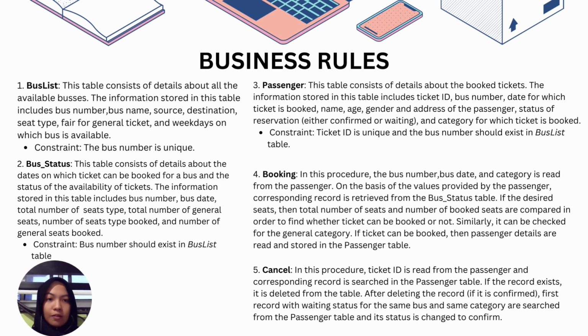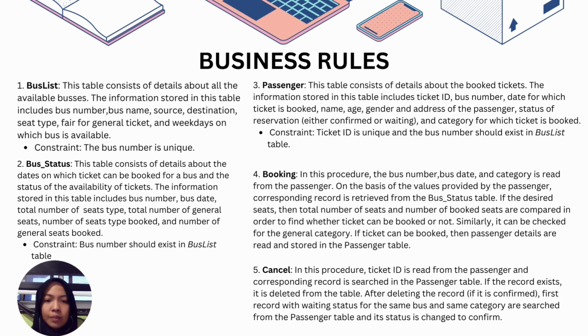The third one is passenger. The passenger table consists of details about the booked ticket. The information stored in this table includes ticket ID, which is the unique key, bus number, date for which the ticket is booked, name, age, gender, and address of the passenger, status of reservation, either confirmed or waiting, and category for which the ticket is booked.